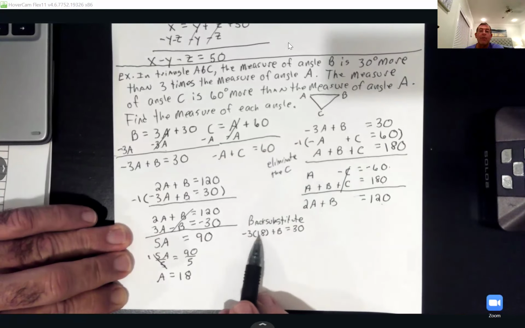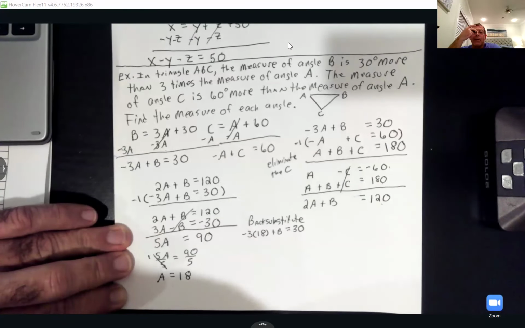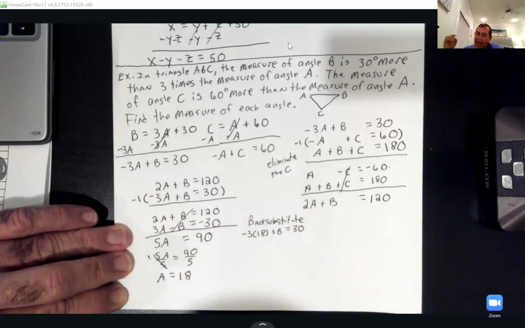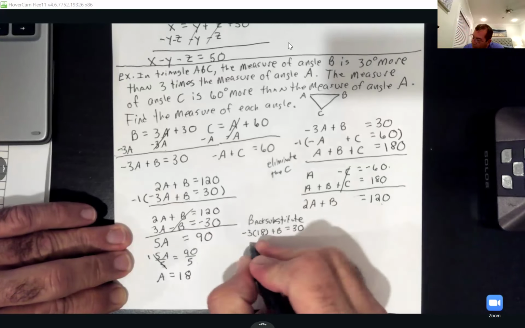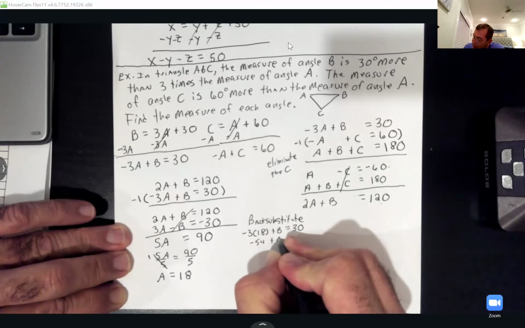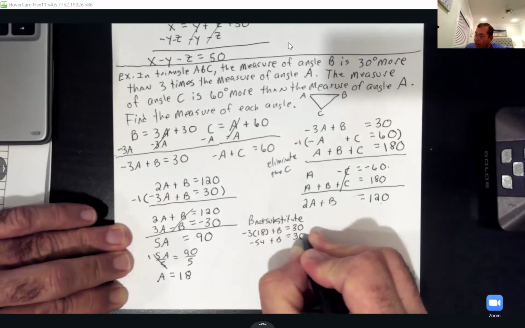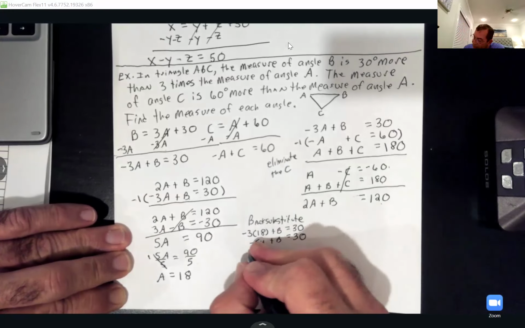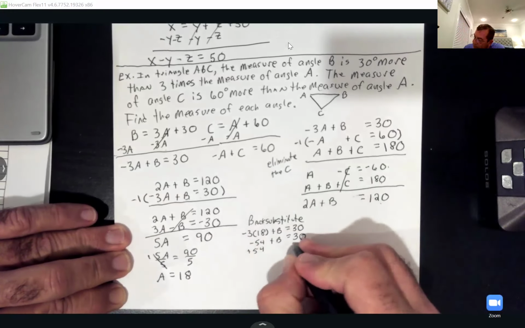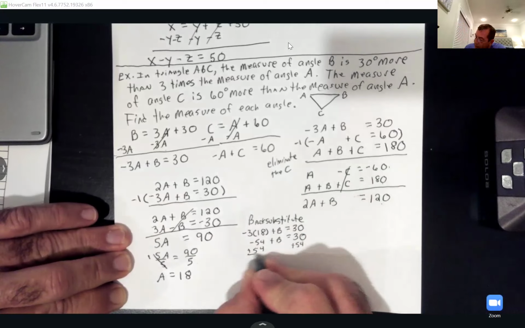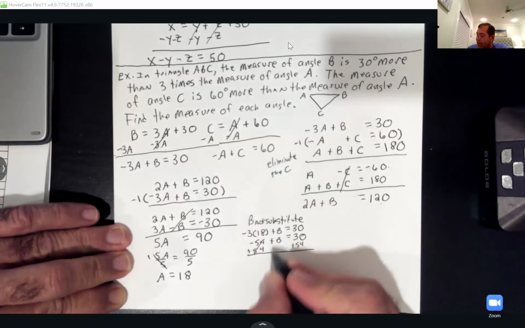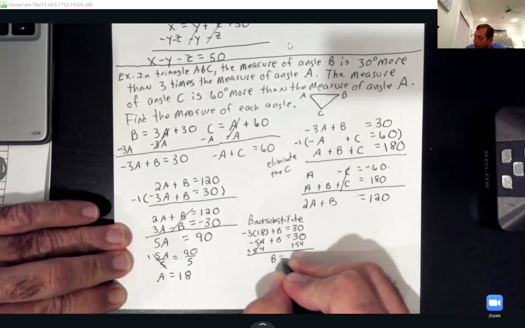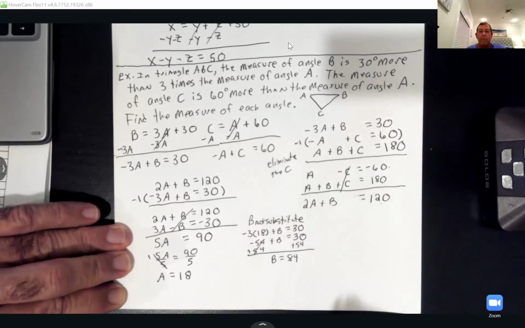All right, y'all, -3 and 18 is a -54 plus B equals 30. Add 54 to both sides. So now these 54s cancel, and my B is going to equal 84.